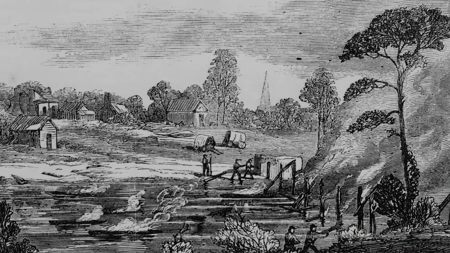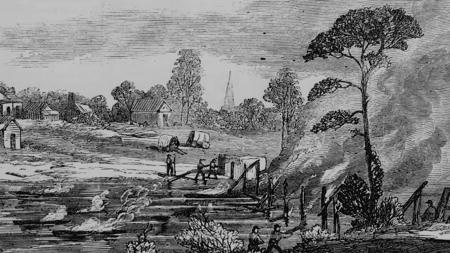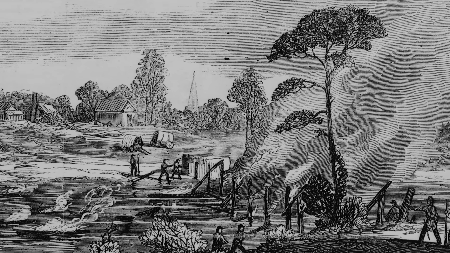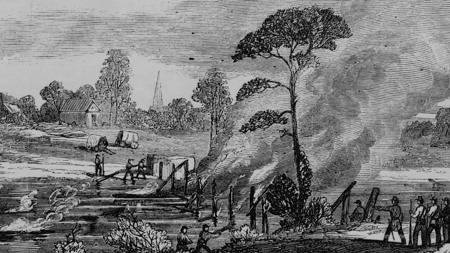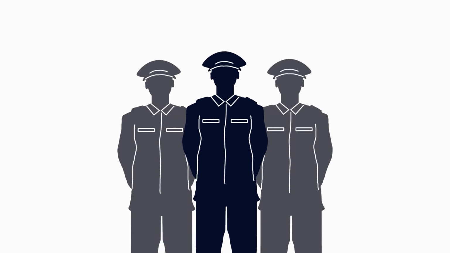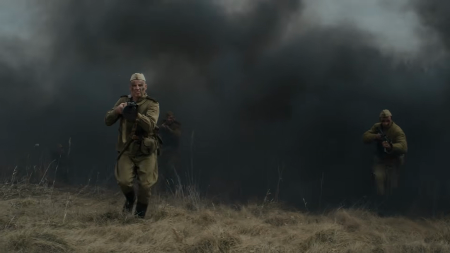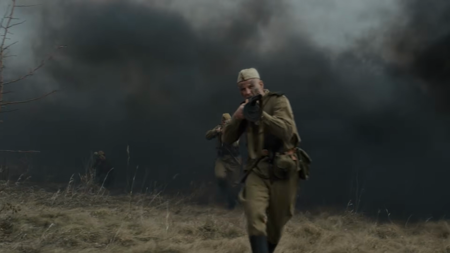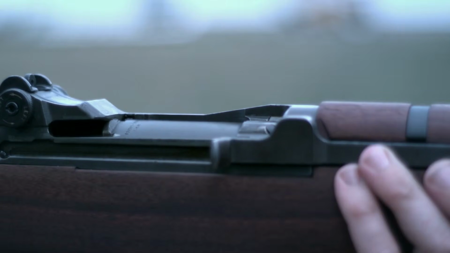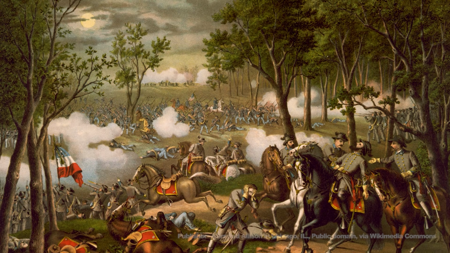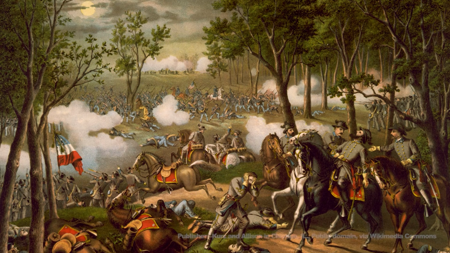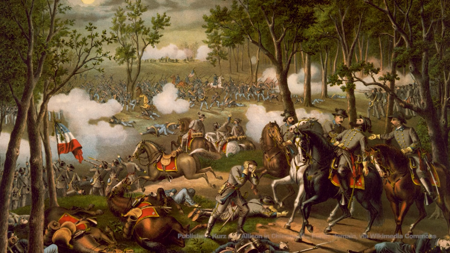Jackson's military exploits in the Shenandoah Valley Campaign and at battles like Second Bull Run and Chancellorsville solidified his reputation as one of the Confederacy's finest commanders. However, his tragic death in May 1863, mistakenly shot by his own troops during the Battle of Chancellorsville, marked a significant loss for the Southern cause.